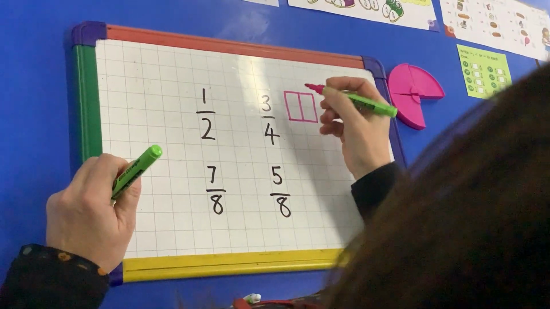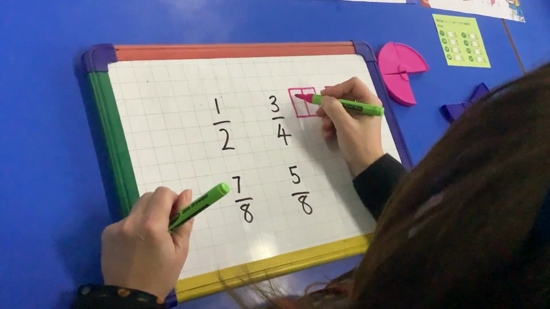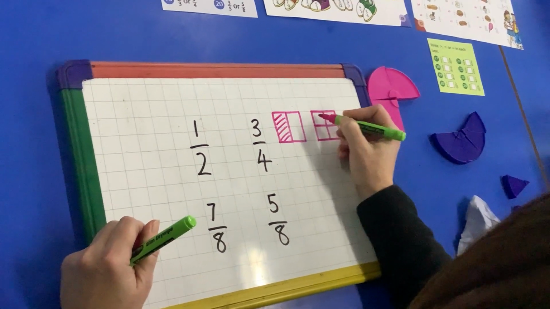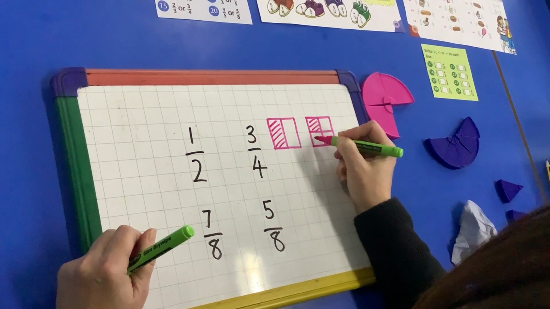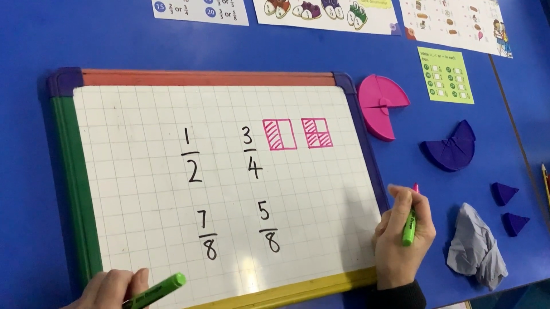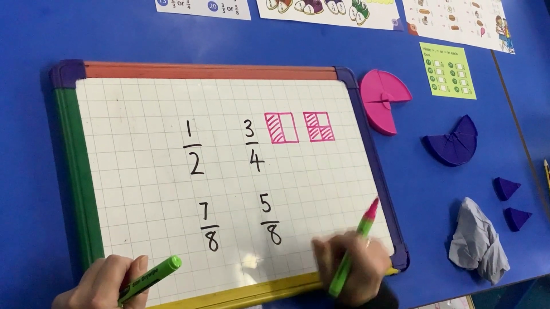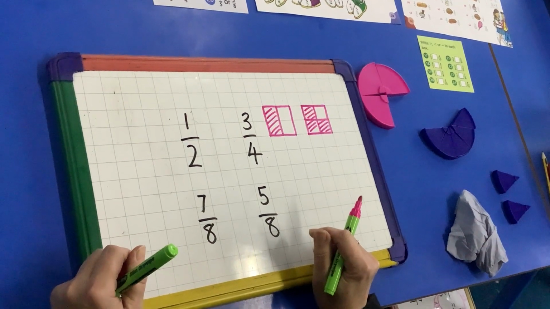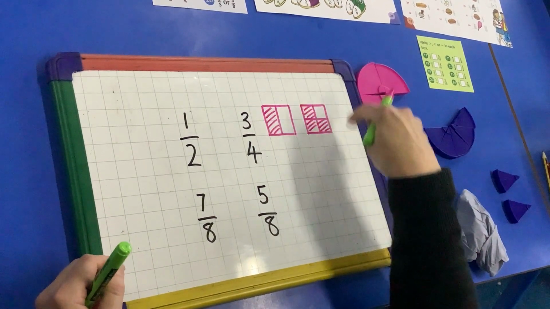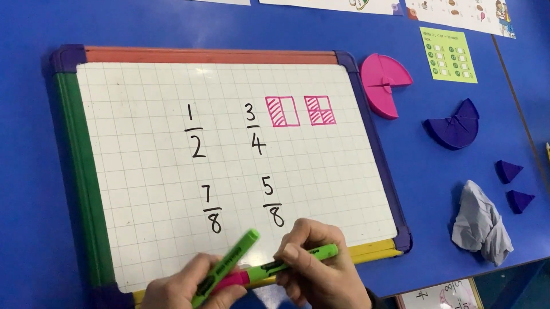Unless I was on a diet, of course. So here we are. Here's my half. Here's my 3/4. And straight away, you can see that the 3/4 is a larger fraction than the half of this whole, of this size.